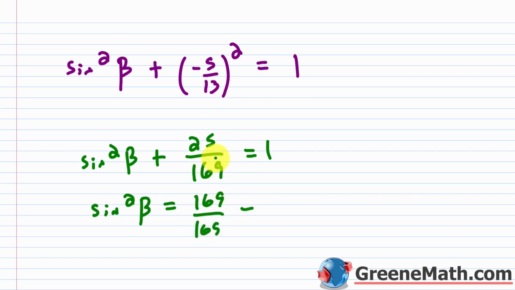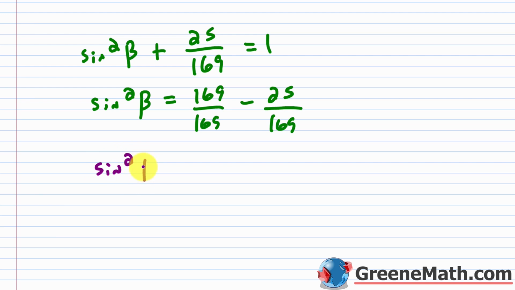Then minus 25 over 169. And so the sine squared of beta is equal to 169 minus 25, which is 144, so you have 144 over 169. Now, we said that beta was in quadrant 3, and in quadrant 3, sine is negative.